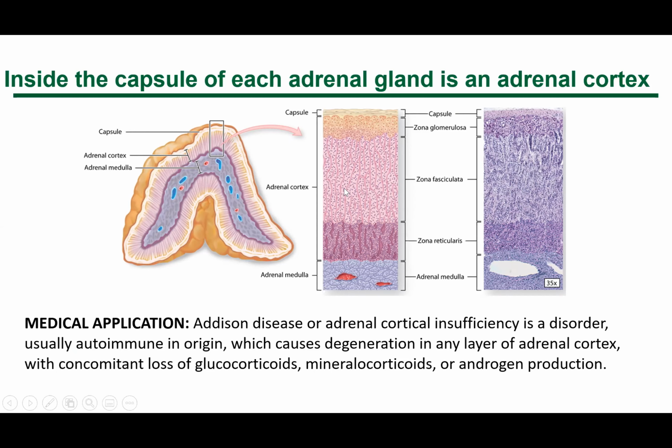So fascicles are stacks of cells, and as you can see, the zona fasciculata is arranged into these fascicles or columns. And then closest to the adrenal medulla, you have the zona reticularis. This one's interesting because this one produces androgen primarily, so it's a secondary source of sex steroid hormones in addition to the gonads.